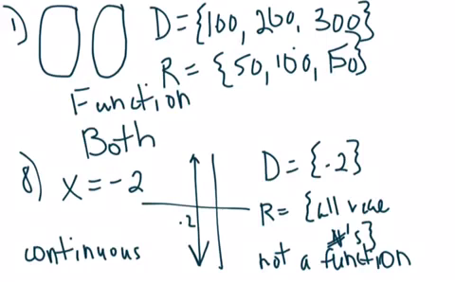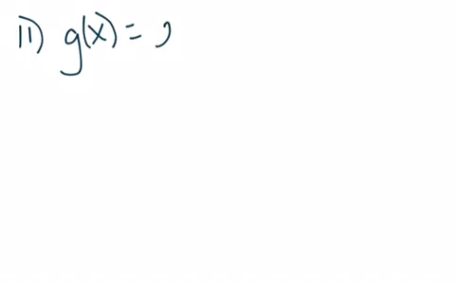On page 2, if you will look at number 11, it tells you to use g of x, which is 2 minus x squared, and it asks you to find g of 4.